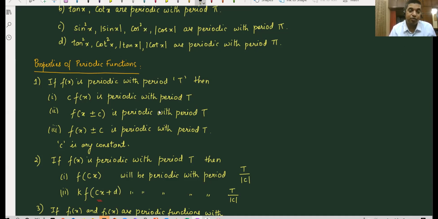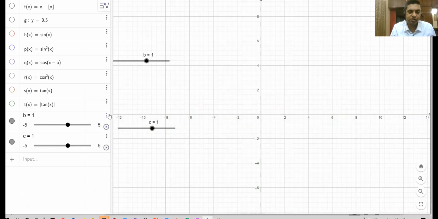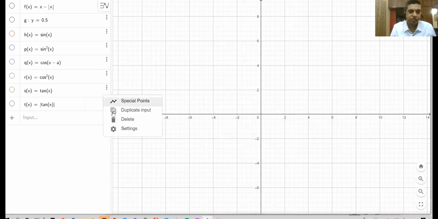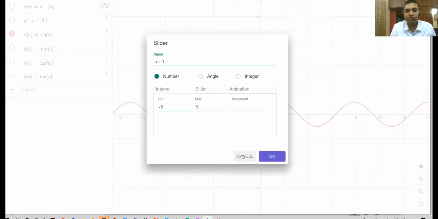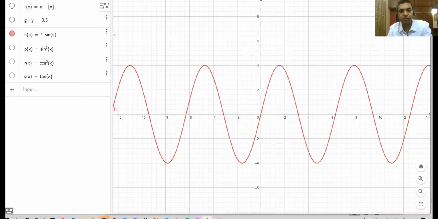Similarly, now if you multiply with a constant, let us delete all this. Okay, simple. I take sin x. Now with sin x, I take 4 multiplied by sin x.